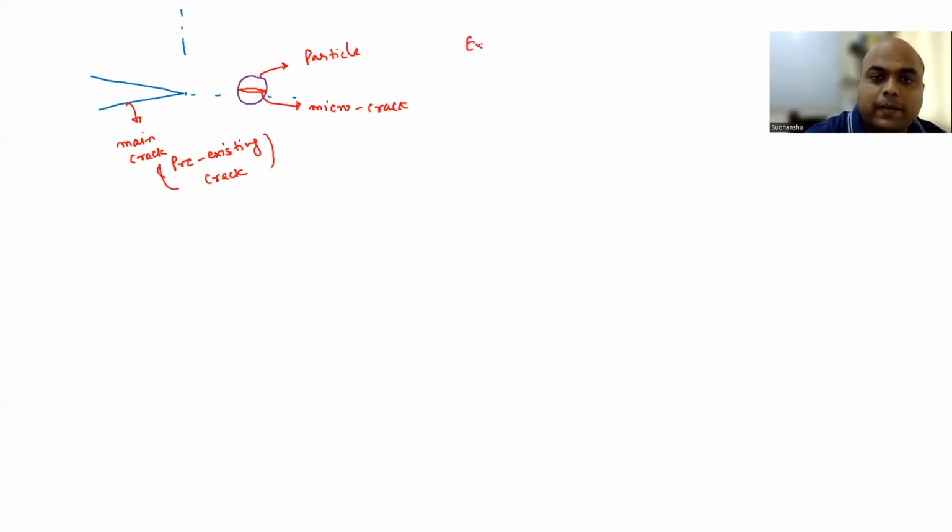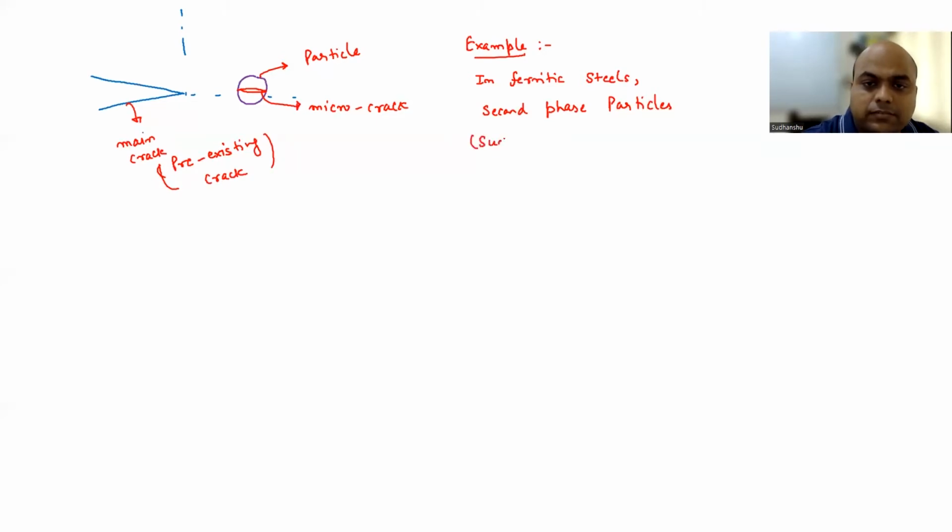Okay, so for example, in ferritic steels, second phase particles such as carbides or inclusions can create sharp microcracks.